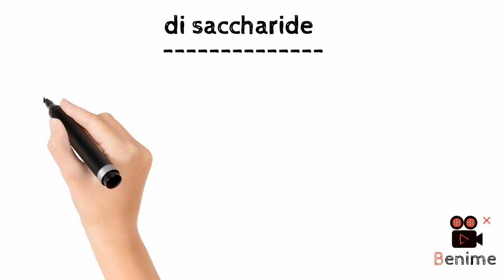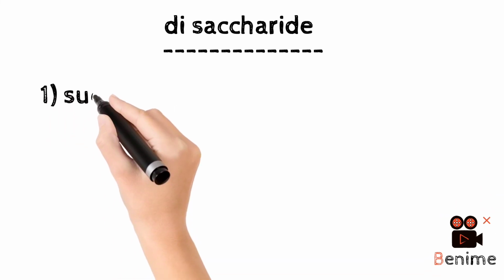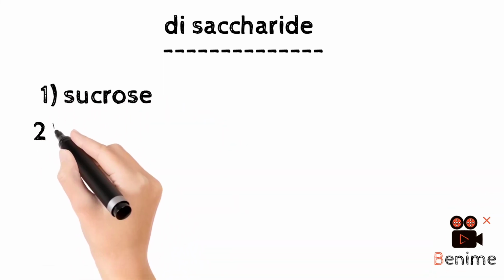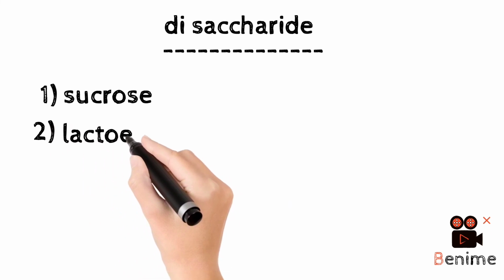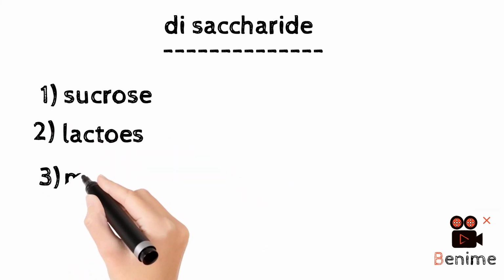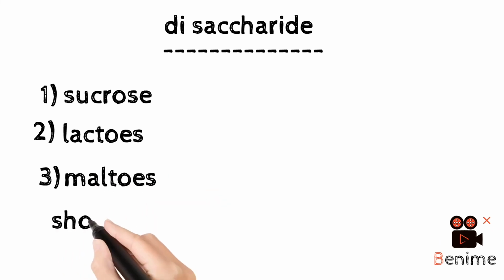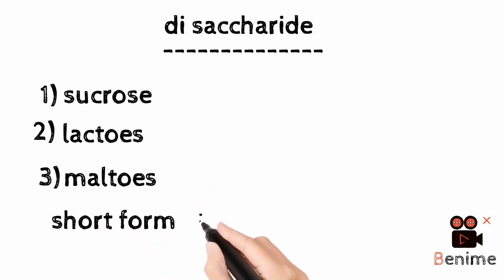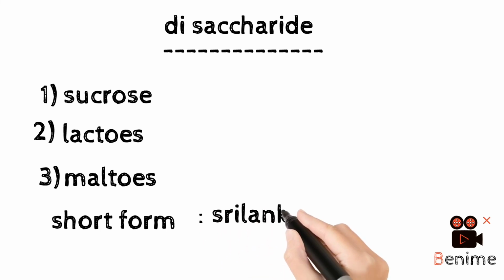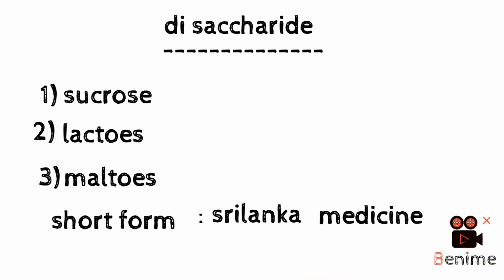The first letter of sucrose is S, that's why Sri. The first letter of lactose is L, that's why Lanka. The first letter of maltose is M, that's why medicine. So Sri Lanka Muslim, SLM, or Sri Lanka medicine, you can keep either way.